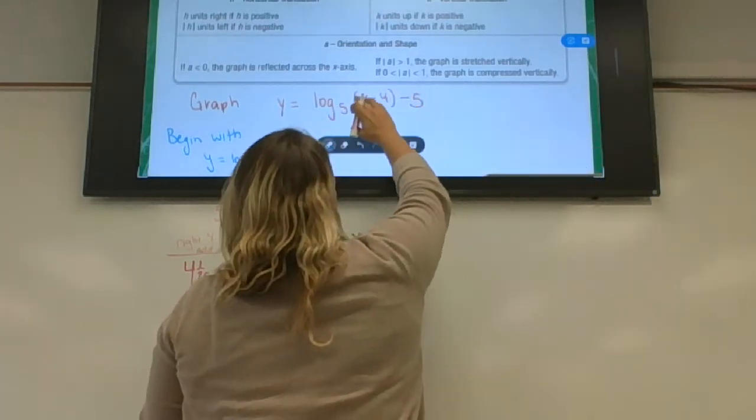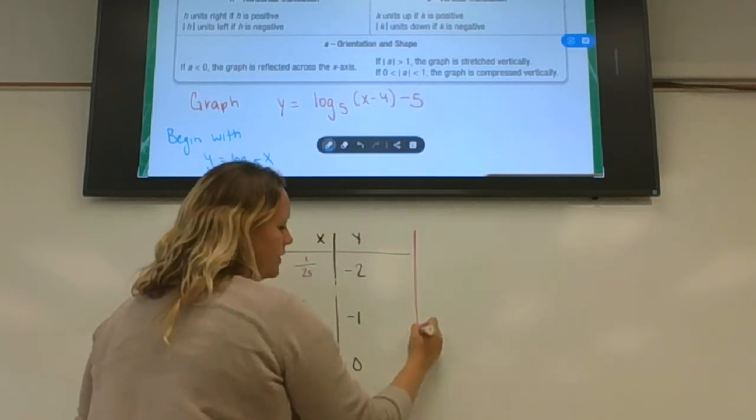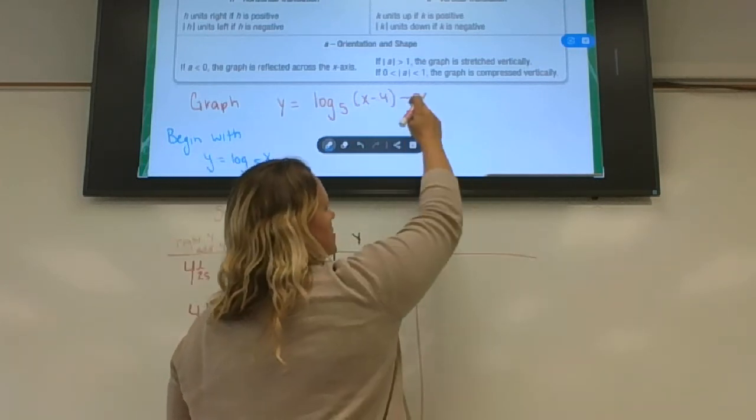The parentheses and the -4 here. And then also I'm going to do another one here because this -5 means it's going to go down 5.